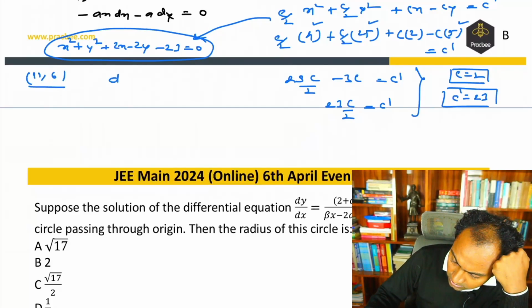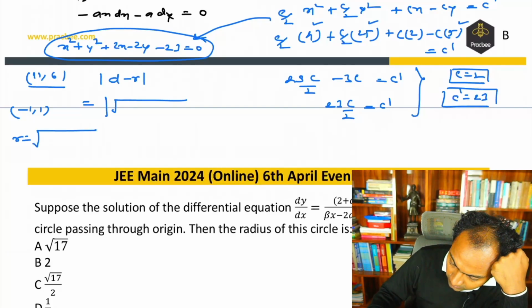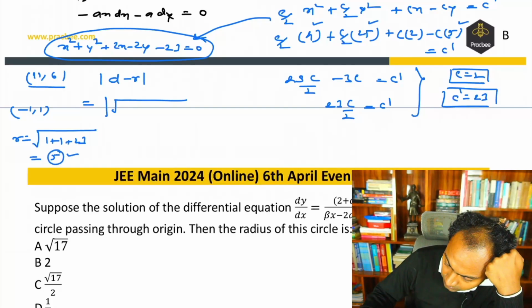The shortest distance is always mod of d minus r. D is nothing but distance from the center. So the center is here minus 1, 1, and the radius is root of g square plus f square minus c. So that will become here nothing but 5. So if I figure this out, this is nothing but 12 square plus 5 square.